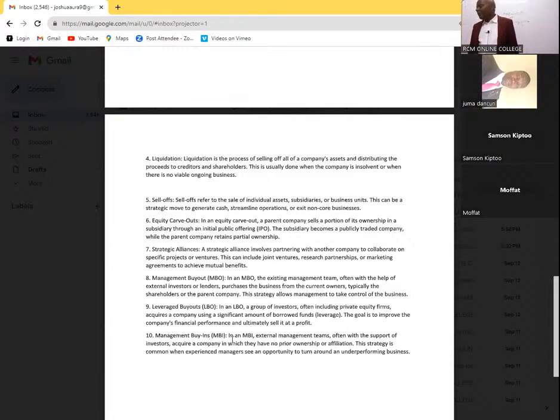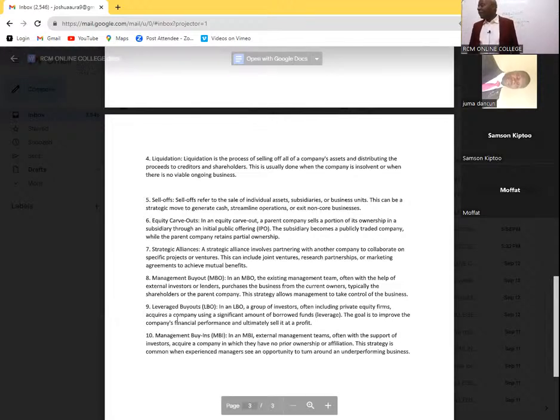In an MBI, external management teams, often with the support of investors, acquire a company in which they have no prior ownership or affiliation. They acquire a new company. External management who have great management experience walk into a new company and take over, and then things start shining.